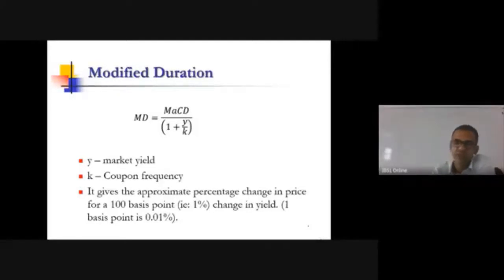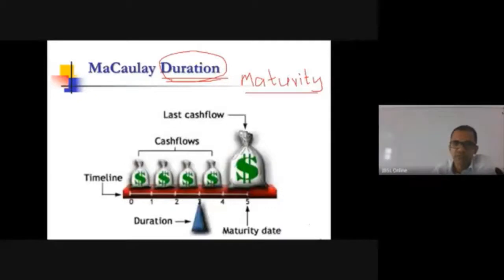That means there are no cash flows, no interest, like a treasury bill. You only get the face value on the maturity date. That's a zero coupon bond. We'll discuss that. Only in that instance do you get duration and maturity as the same figure. Otherwise, duration is always less than maturity.